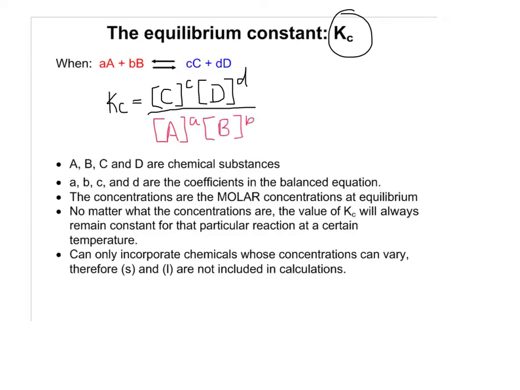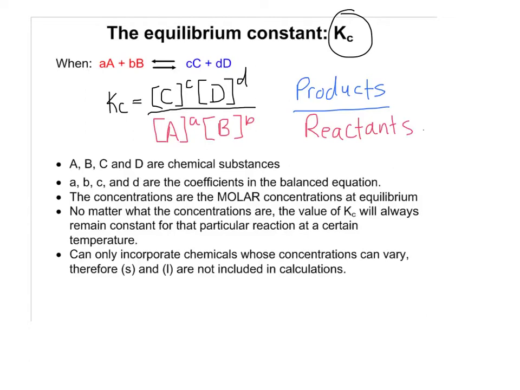The way that we come up with this equilibrium constant is it's equal to the concentration of the products raised to their coefficients divided by the concentration of the reactants also raised to their coefficients.